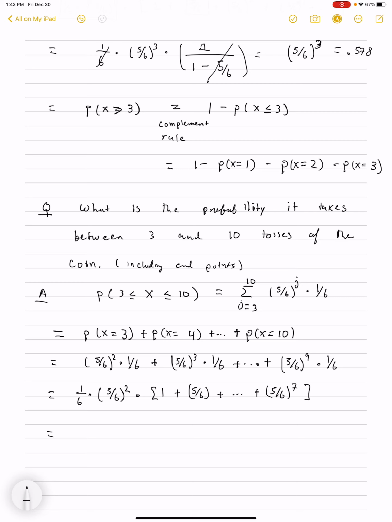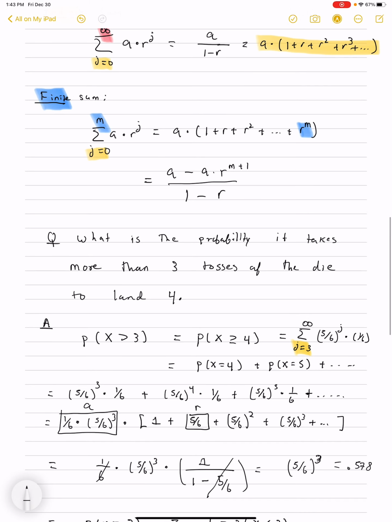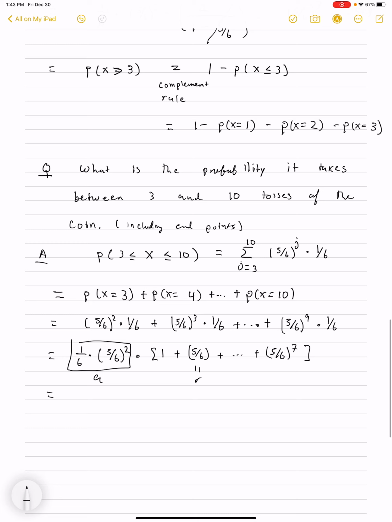Now, this will be A, this will be R. I'm going to use this little formula, and I'm going to pull A out. So that is, I'm going to write this as A times 1 minus R to the m plus 1 divided by 1 minus R. Okay, great.